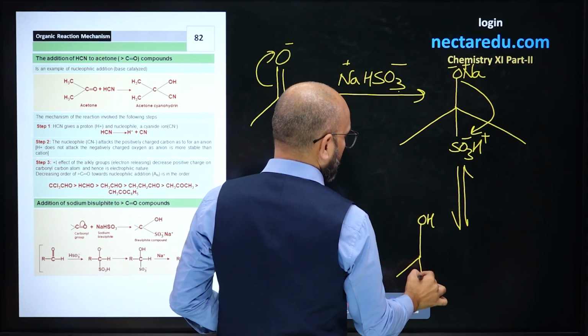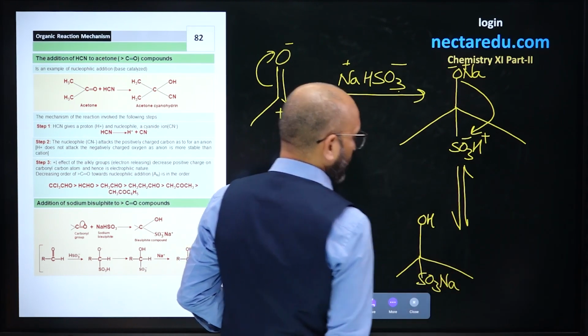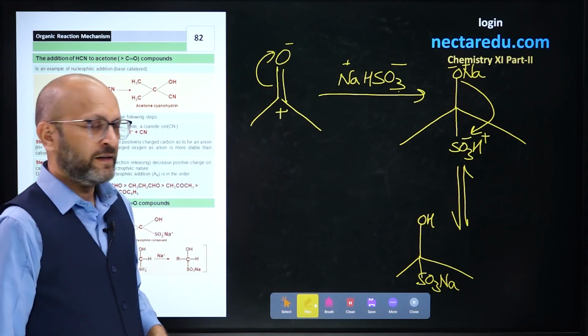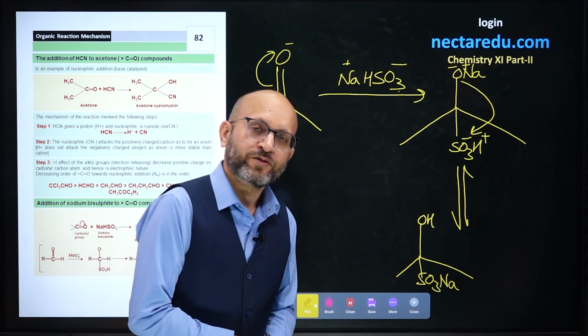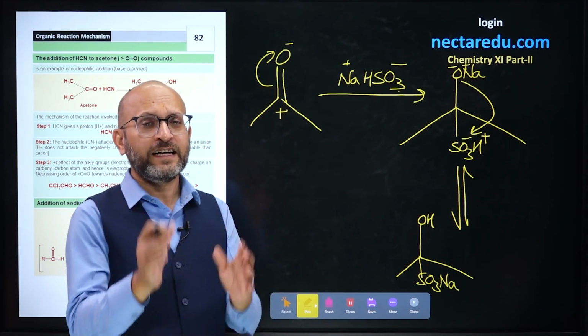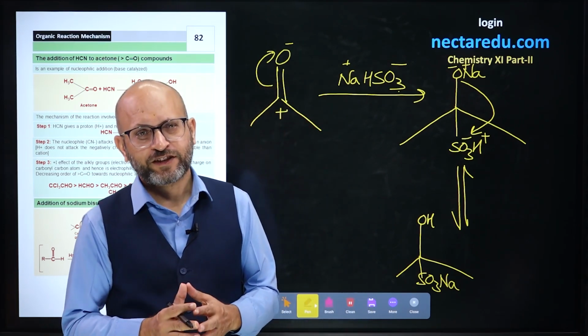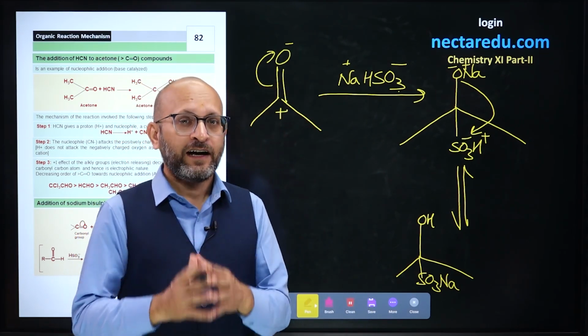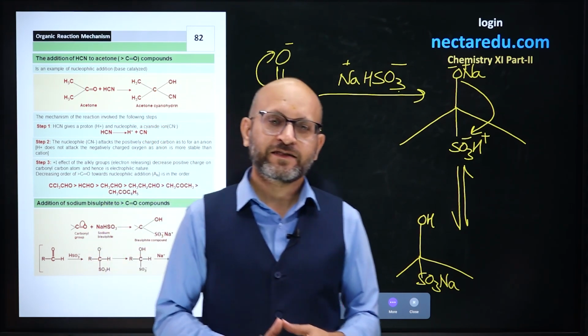You will get OH and Na plus comes at the bottom. So you get sodium sulfonate, right? This is the product you will get by the reaction of sodium bisulfite. All aldehydes and all ketones, basically methyl ketones, will give this reaction, and here as well aldehydes will always give a better reaction. So that's it. Thank you.